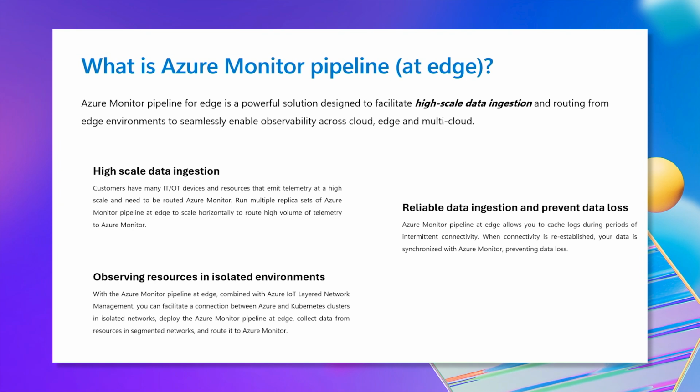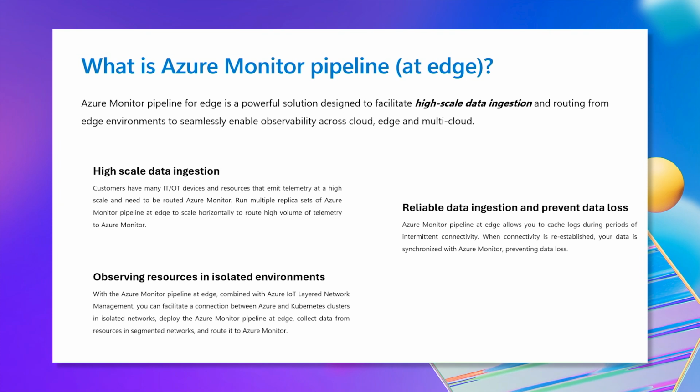It provides high-scale data ingestion. Customers have many IT/OT devices and resources that emit high volumes of data that need to be routed to Azure Monitor. With Azure Monitor Pipeline, they can seamlessly ingest high-scale data by running multiple replica sets of the Azure Monitor pipeline at the edge and scale horizontally to route a high volume of telemetry to Azure Monitor.